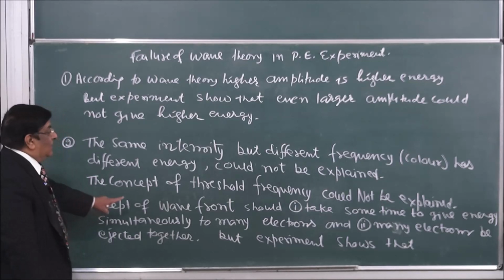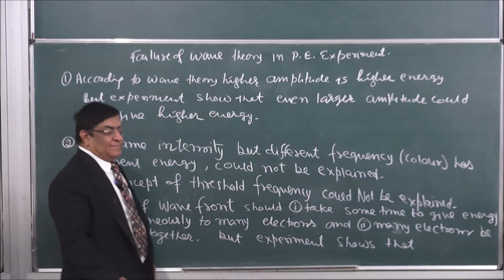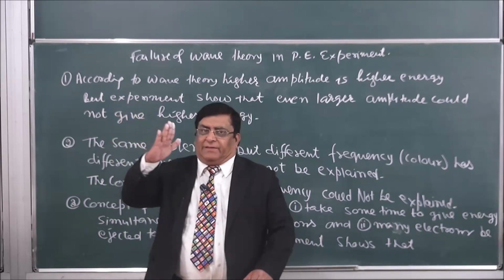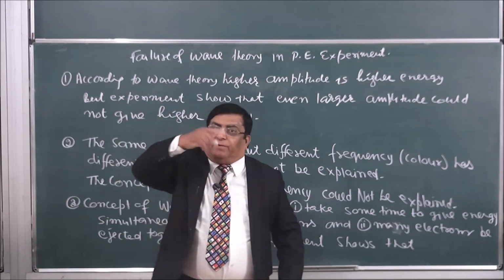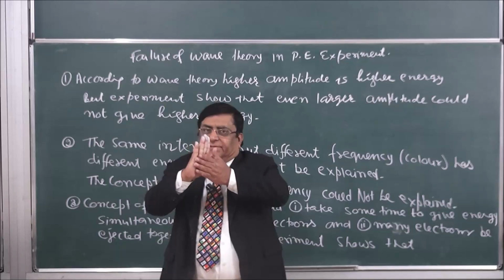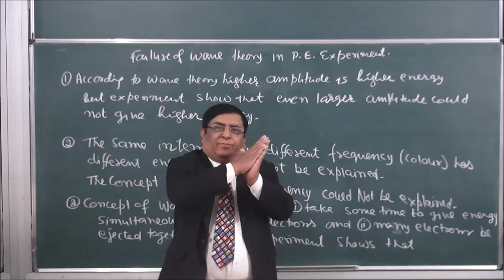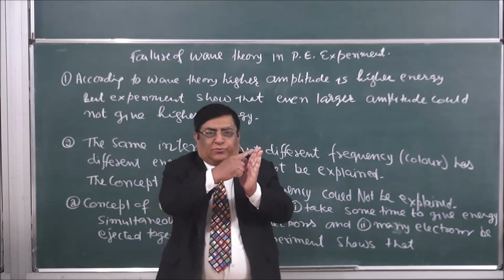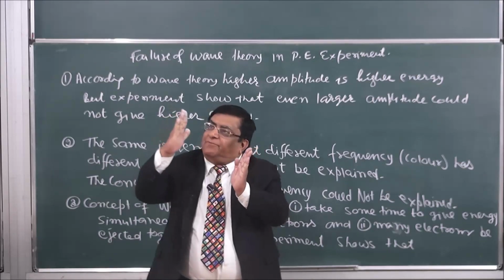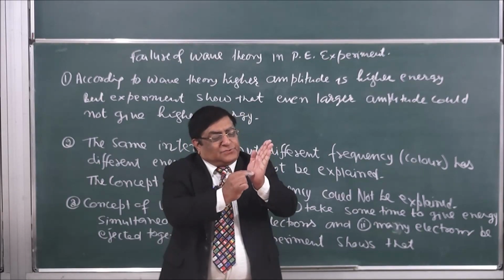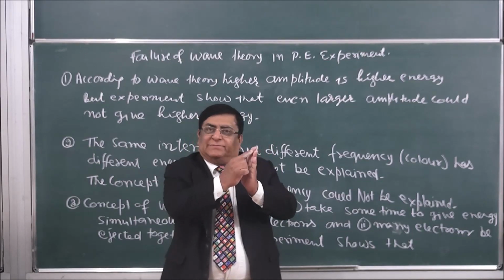Third thing, concept of wave front. You see, in the waves, this wave front is coming, not a photon, a wave front surface. This will come on the metal, absorbed, energy absorbed by one electron or by all the electrons? Answer, the wave front comes to all the electrons, giving small energy to each electron.